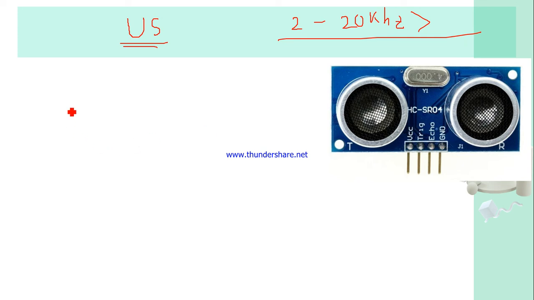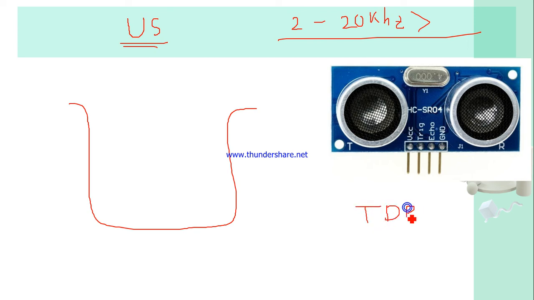Okay, so this technique is also the same. Earlier, for radar type, we used time domain reflectometry. Here also the ultrasound receiver and transmitter can be kept the same way.